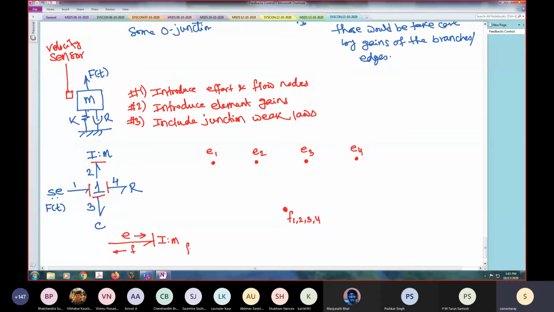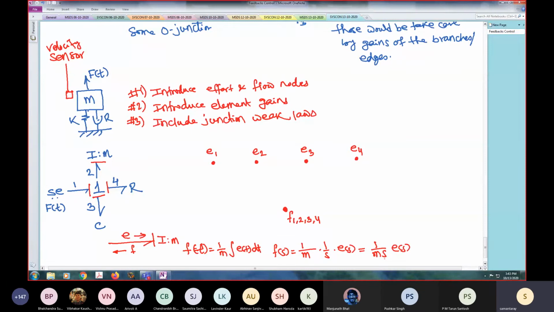We have F is equal to F(t). Let's write it: F is equal to 1 by m integral E(t) dt. If you take Laplace transform, F(s) is equal to 1 by m, again 1 by s because of integration, E(s). So F(s) is 1 by ms E(s).